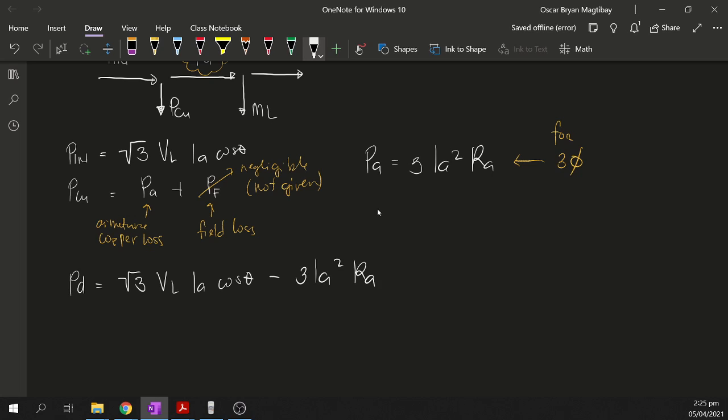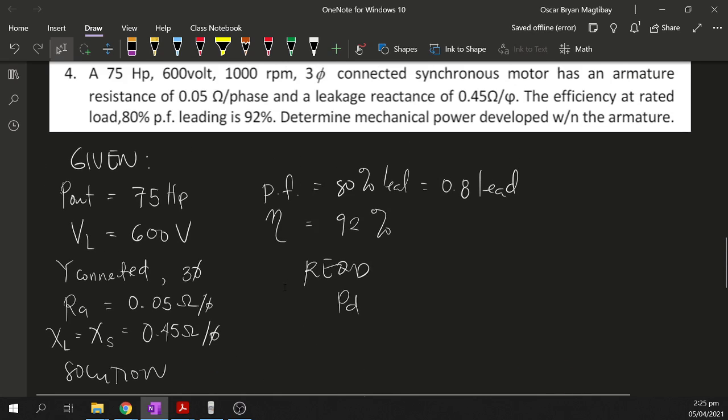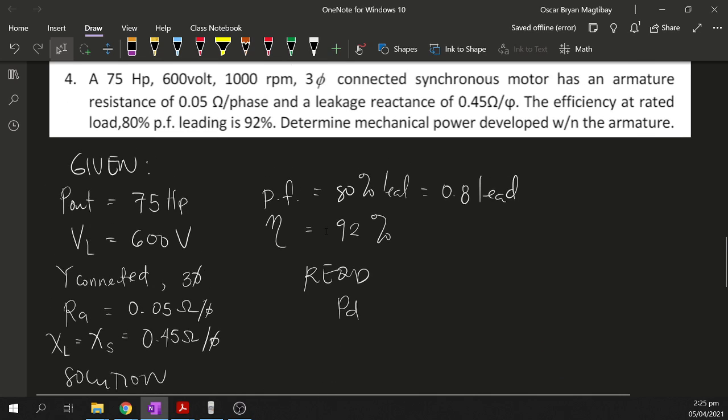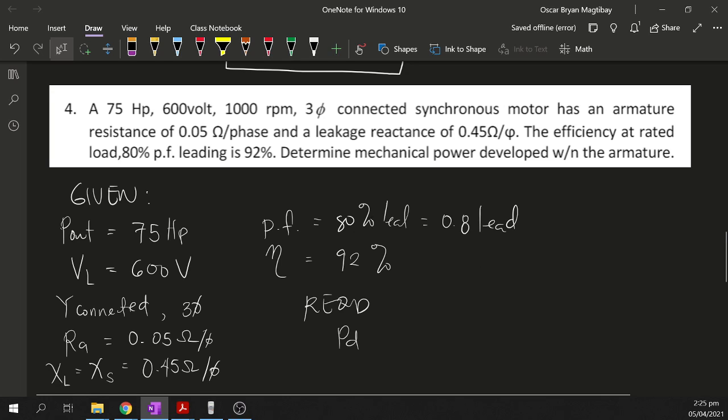So, that is PD. Ito yung ating PD. Ngayon, paano natin isosolve yung mga kailangan natin? Yung mga parameters na kailangan natin. Ano bang given sa atin? We have P out, we have VL, we have RA, we have XS, we have the power factor, and the efficiency.